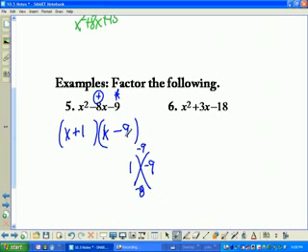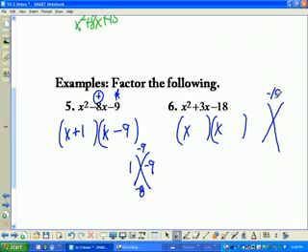Now in the next problem, x squared plus 3x minus 18. Well, that turns out to be two parentheses, x and x, multiplies to a negative 18, adds to a positive 3. And once again, it multiplies to a negative, so I know one number has to be positive, one number has to be negative.